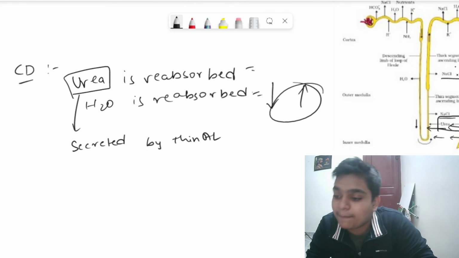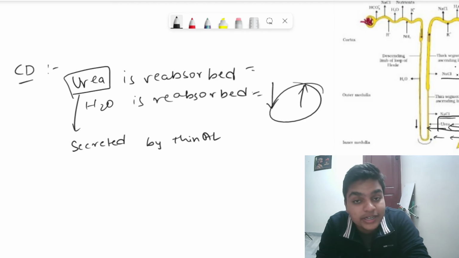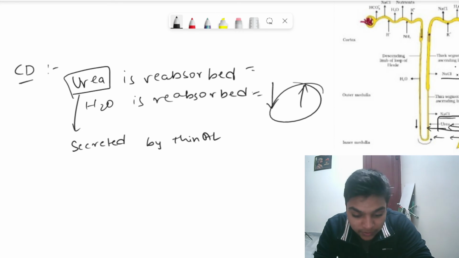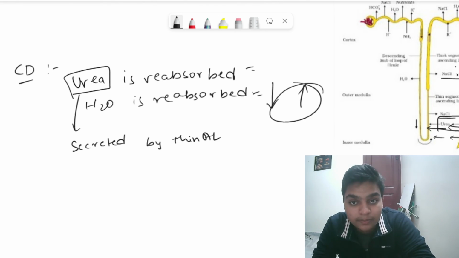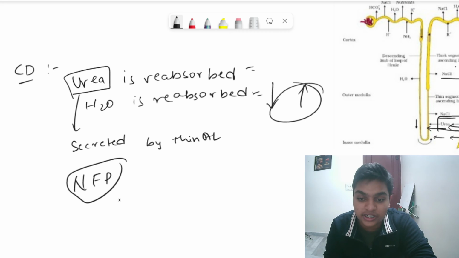Now what is happening here? This is happening in order to maintain the osmotic pressure difference between the medullary fluid and the urine. If this osmotic pressure is not maintained properly, then it may affect the NFP, net filtration pressure, which yesterday I told you is 10 mm of Hg.